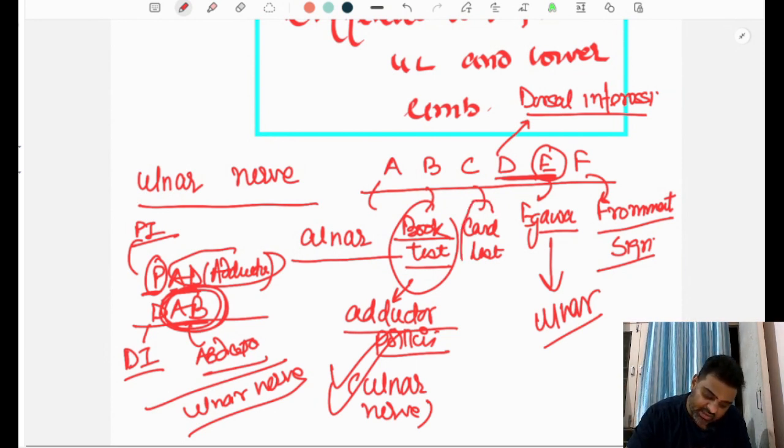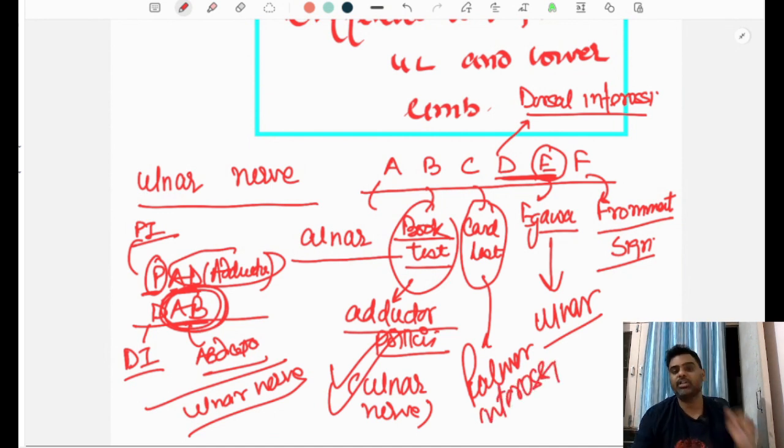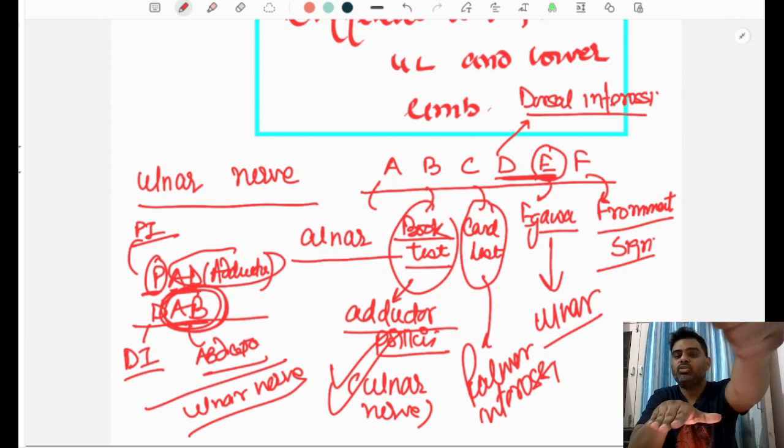Similarly, card test. Card test is done for ulnar, basically palmar interossei. So palmar interossei, what you will do? You will ask the patient to put a card between the middle finger and the ring finger, and you will try to snatch it away.